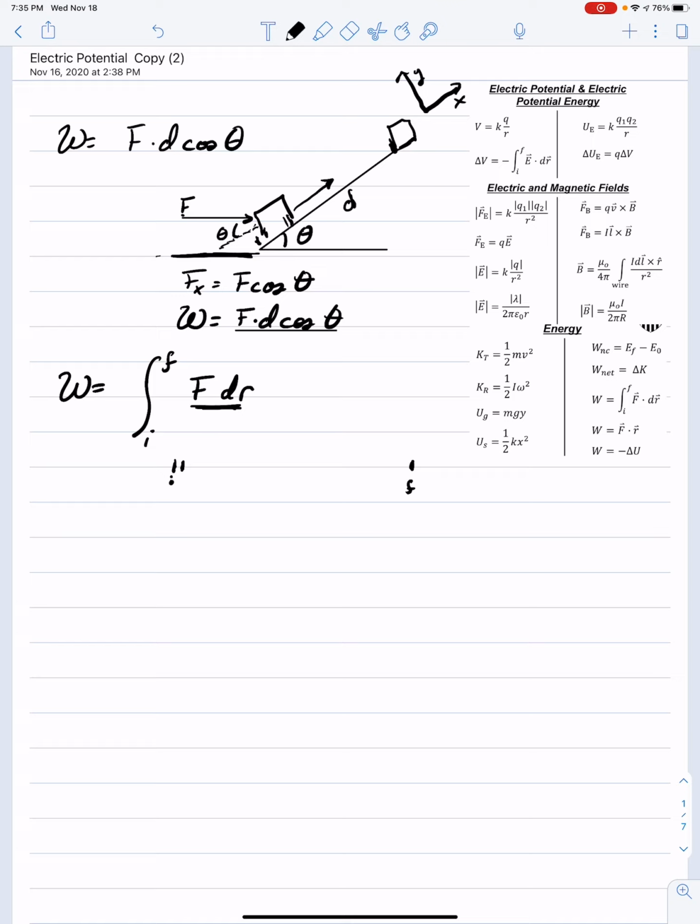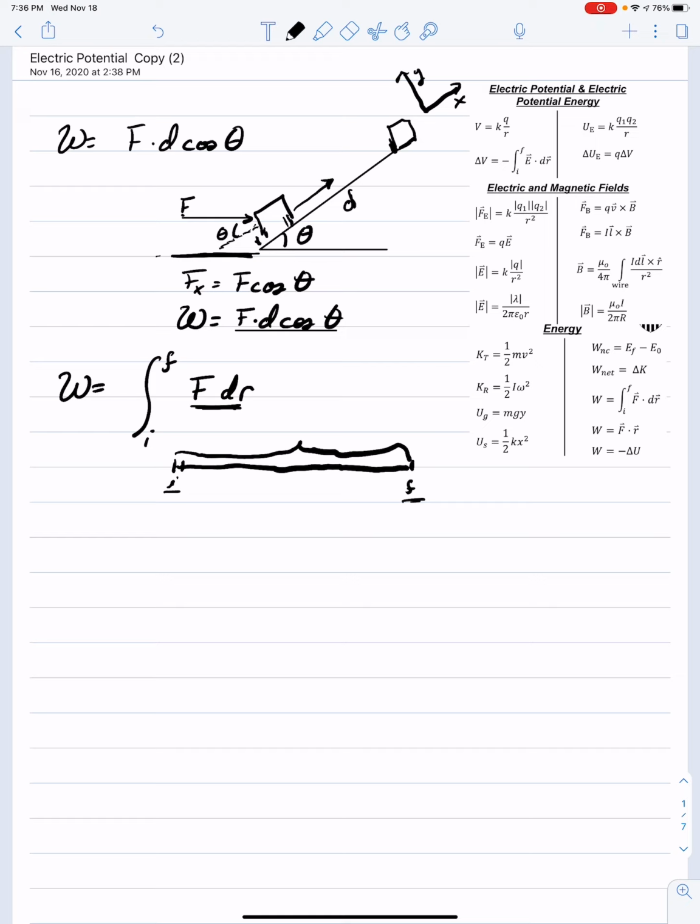But with integrals, what it does is it picks from the initial all the way to the final, and basically picks up all these small infinitesimal lines, summing them all up, so that from the initial to the final we can find work.